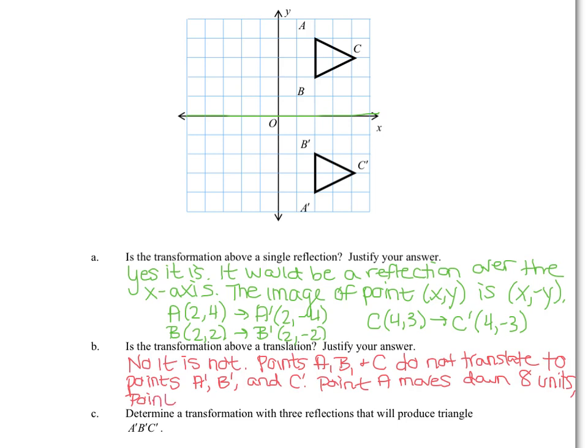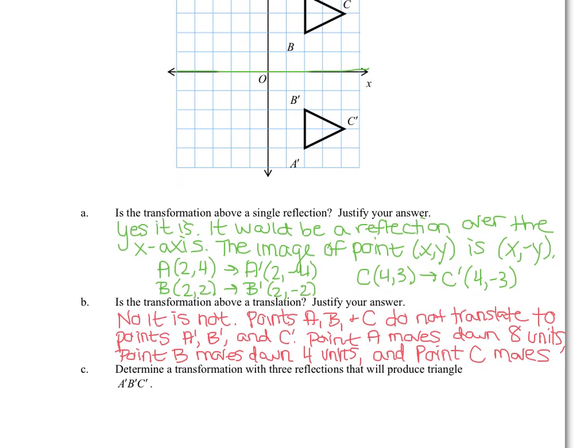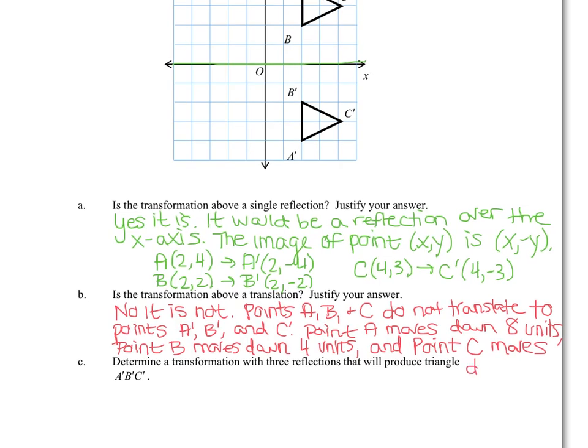Point B moves down 4 units. And point C moves down 6 units. Since these are not the same transformations, we can't say that this transformation is a translation.